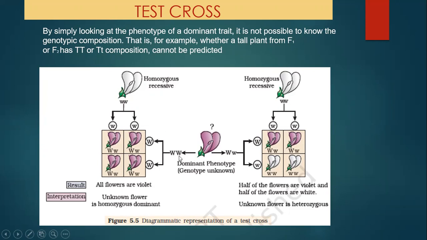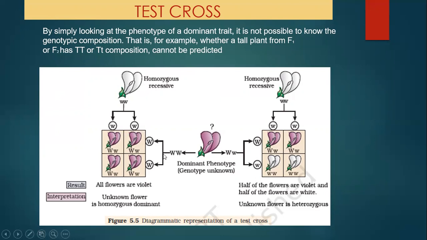If it is homozygous dominant, then the gametes which will be formed will be capital W and capital W. And the recessive parent with which we are doing the cross is also homozygous, so it is small w and small w, which are the gametes formed.